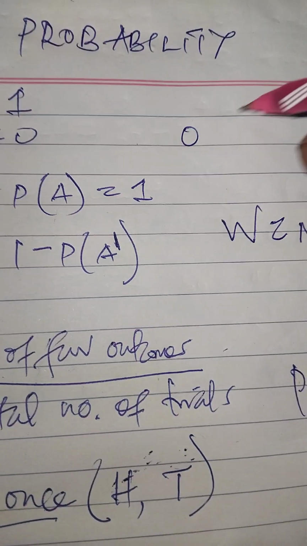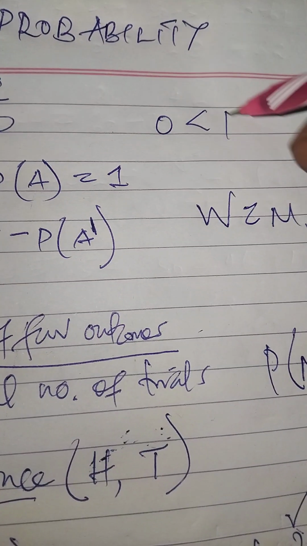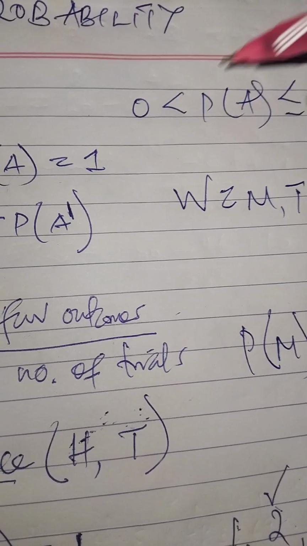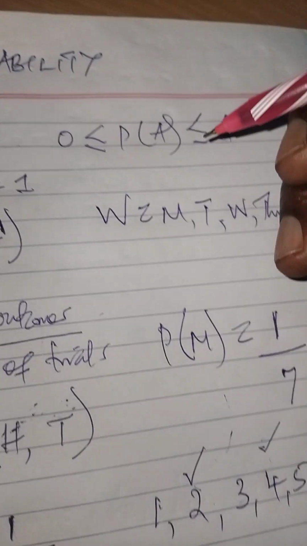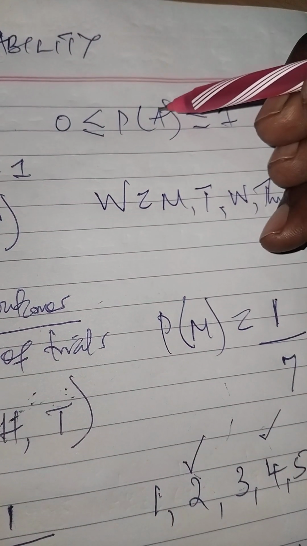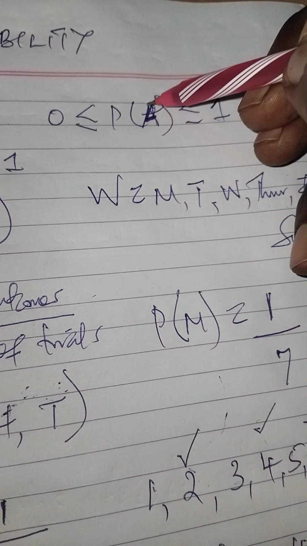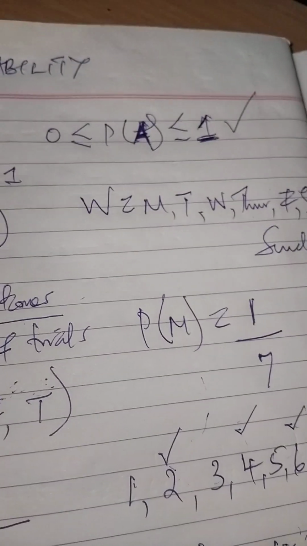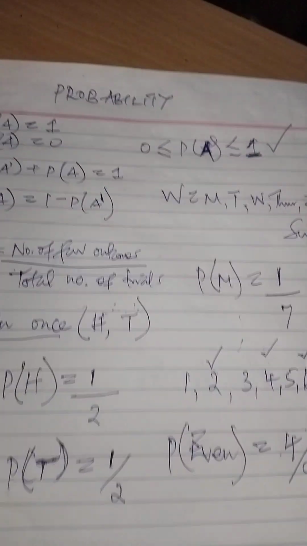So you have 0 is less than or equal to the probability of an event, which is less than or equal to 1. So this is the range. It is always a fraction. If it is 1, then we have said that we are certain that that event will occur.